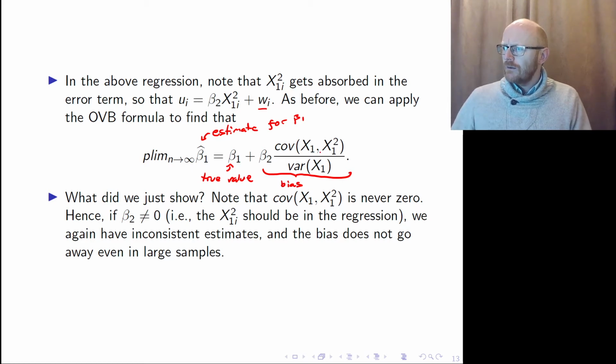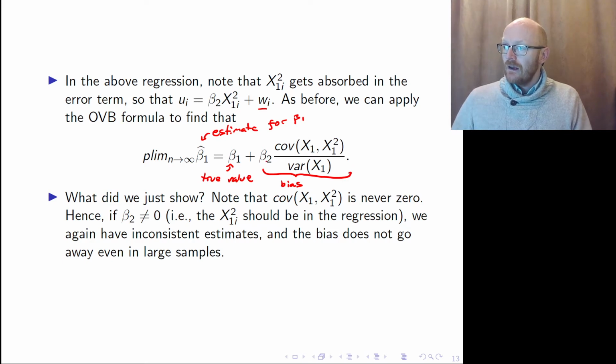And the covariance between a variable and its square is very unlikely to be zero, so we say that it's never zero. And the variance of x1 is always positive, right?